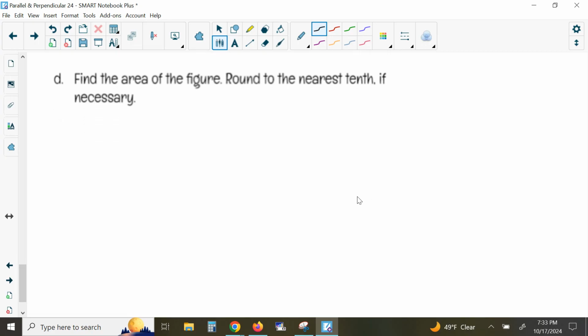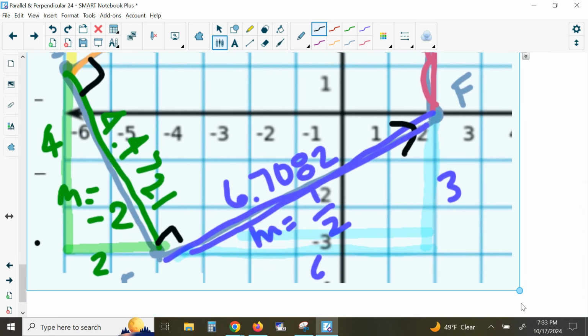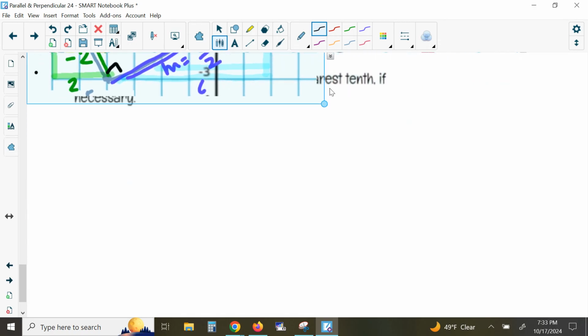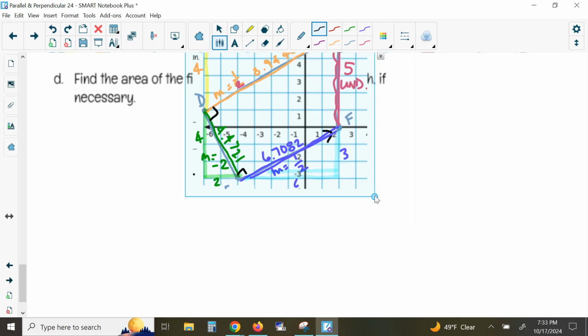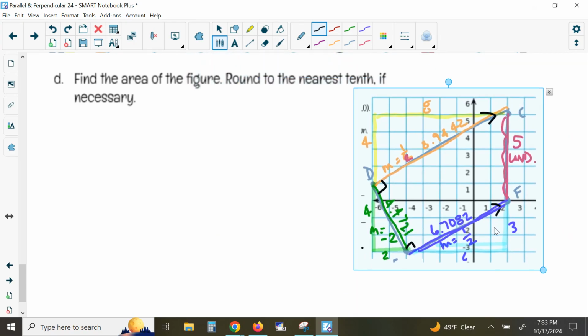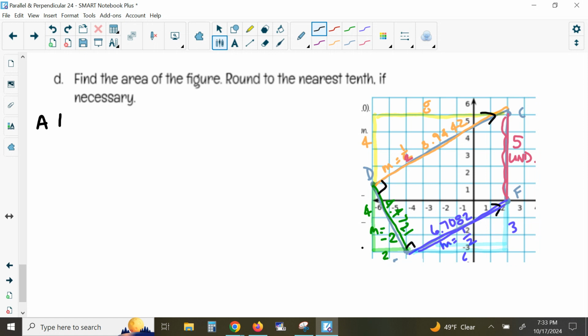Okay, now this is different. They're asking for the area. So remember area, we're going to have to use some of our area formulas. The only ones we know: we do know the area of a parallelogram, right?